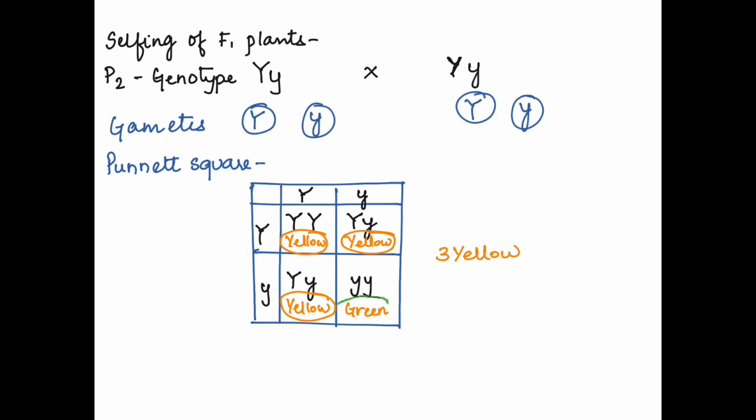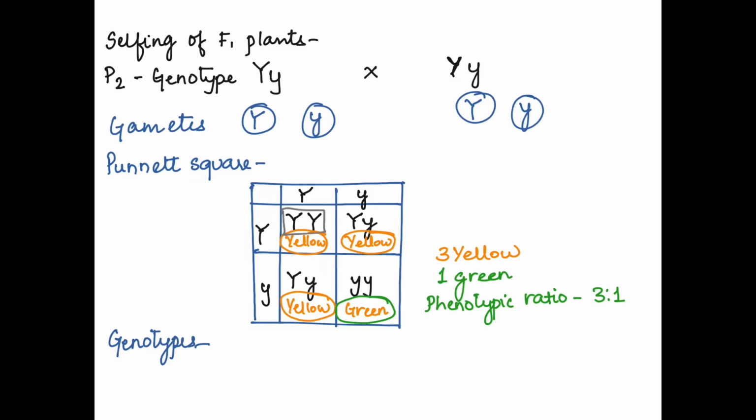So here we say that the phenotype of the offspring gives the ratio of 3:1, that is 3 yellow seeded plants and 1 green seeded plant. So this will be the phenotypic ratio of the monohybrid cross, that is 3:1.